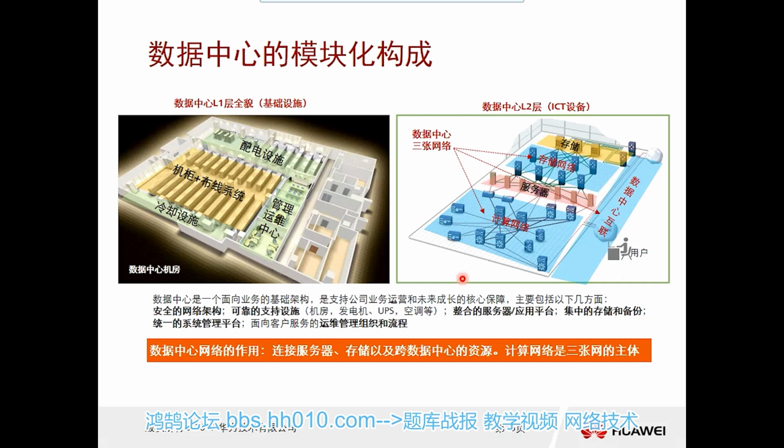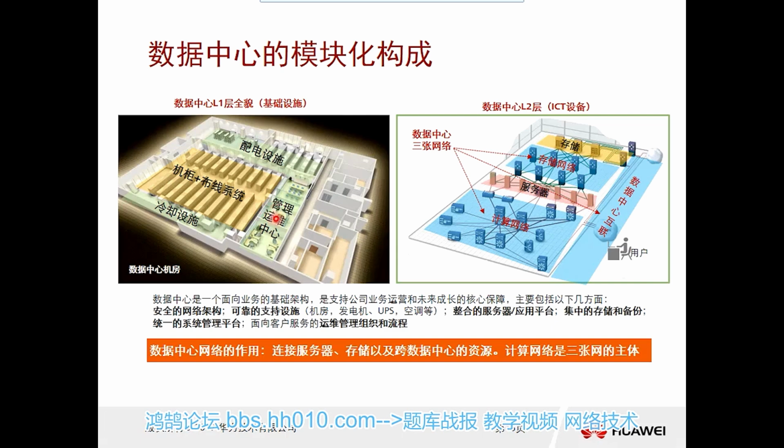So after this house exists, we go to the L1 layer as the second step. This L1 layer often covers things similar to those in our picture: power distribution facilities, cabinet plus wiring, system management and operations center, and cooling facilities, etc. So this is the basic infrastructure layer. So this is the L1 layer.